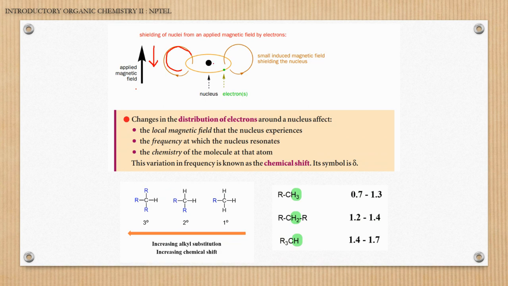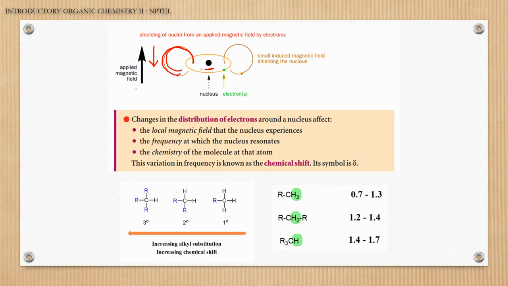Once your nucleus is resonating with the applied magnetic field and the generation of this induced magnetic field takes place, there is shielding of the nucleus by the induced magnetic field from the applied magnetic field.